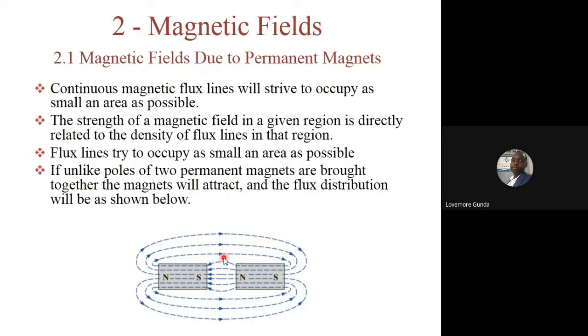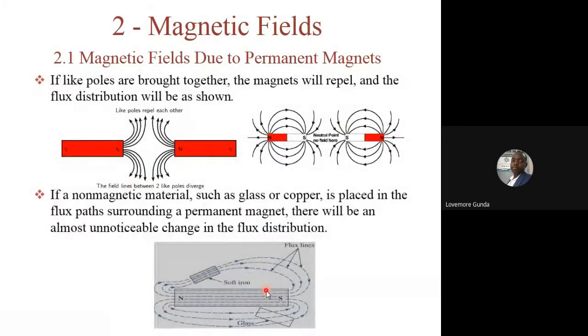So you realize that they have north to south in between the two. Then outside, they go around in a loop like that, creating closed loops in their paths. That's how our magnetic field is radiated.